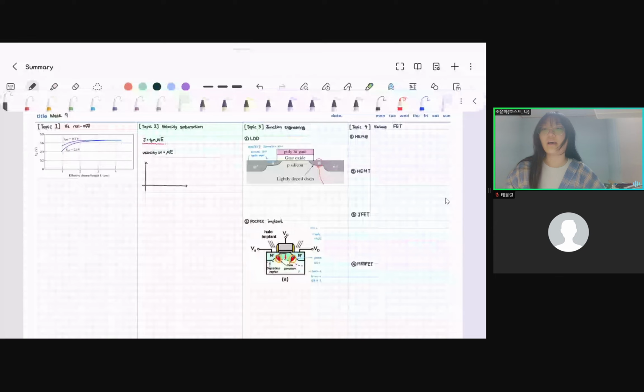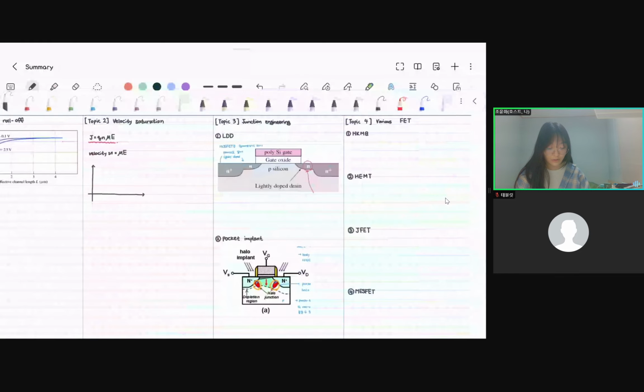From now, this time, we will continue to learn about the short channel effect. Last time, we learned about the basis of short channel effect, and so we learned about the punch-through phenomenon. This time, we'll learn about two more short channel effects, and then we'll know how to solve these short channel effects.